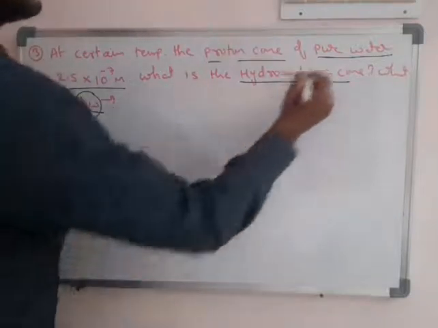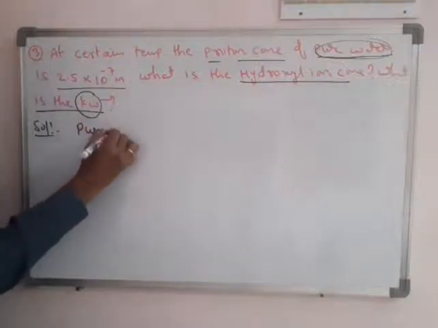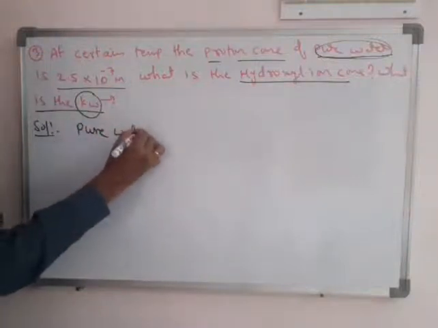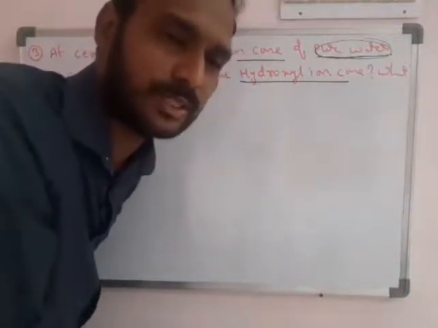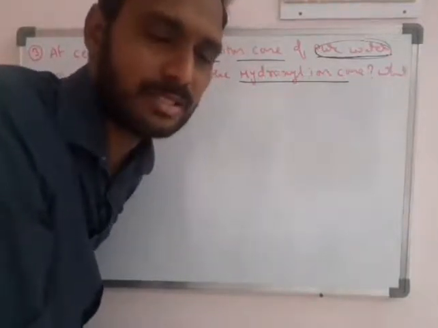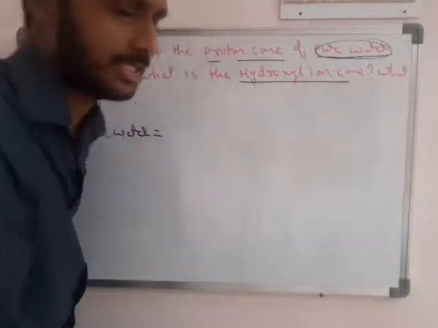So the important thing is that it is given as pure water. What is the nature of pure water? The nature of pure water is neutral. Neutral in nature means the H plus concentration is exactly equal to the OH minus concentration.